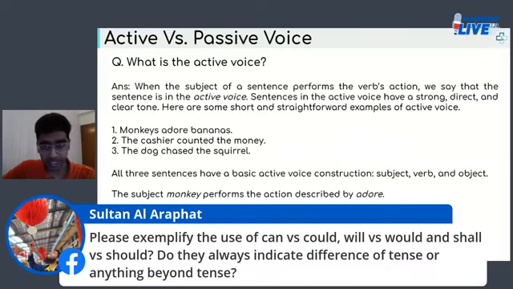But would has multiple uses. The first use, of course, is that would is the past tense of will, and you bring in the modal verb would when you want to say that someone said that he or she would do something in the future, right? But this thing was said in the past, such as, for example, today I tell you that I will.